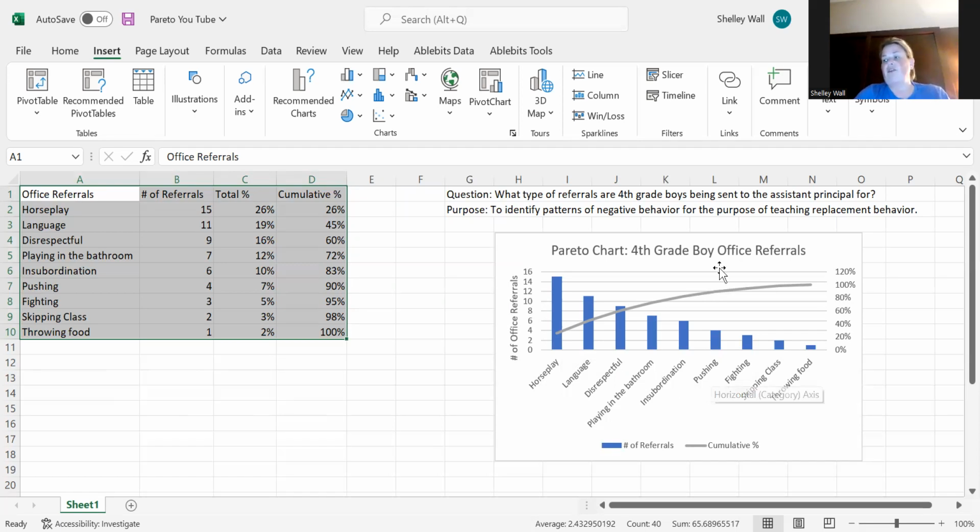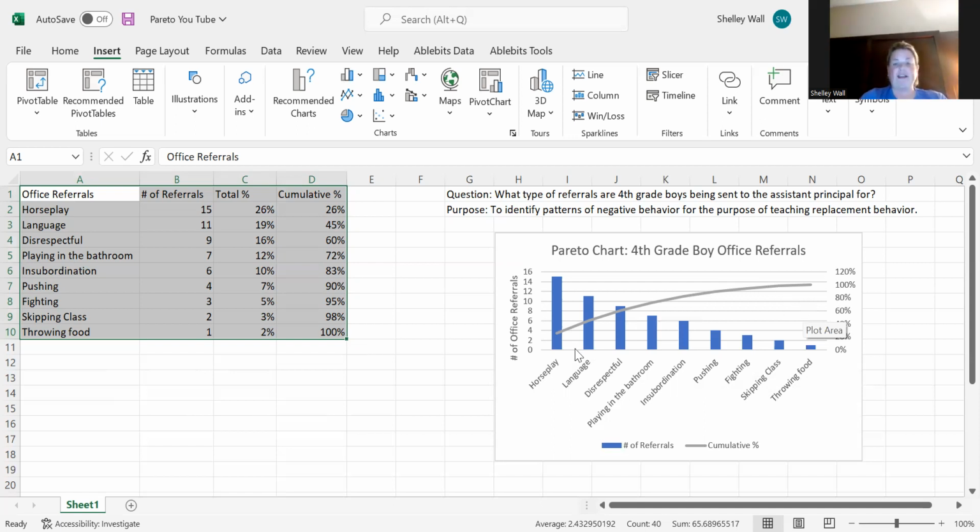This is also known as the law of the vital few and the trivial many. The vital few would be the 20% of the offenses that make up 80% of the referrals. And over here would be the trivial many. You have many, many office referrals over here, but they're not statistically significant.